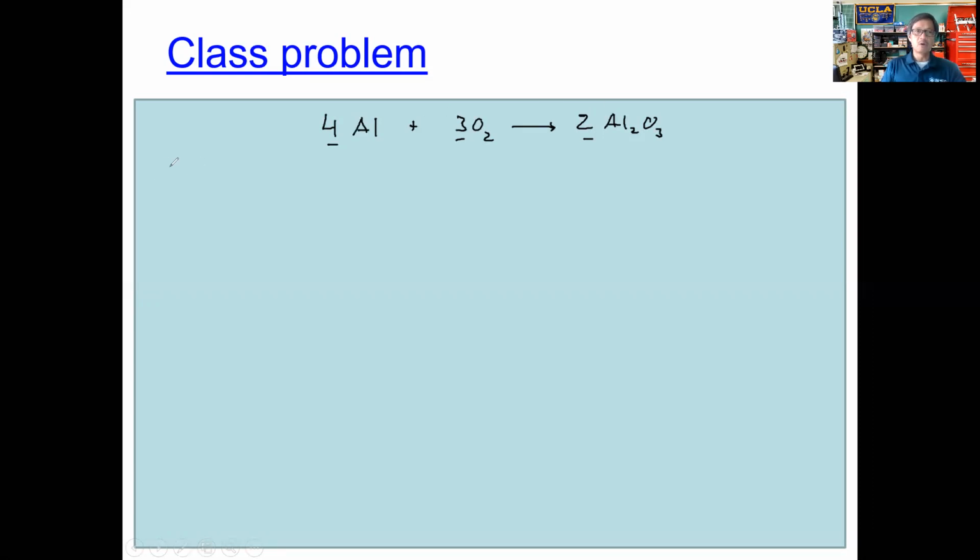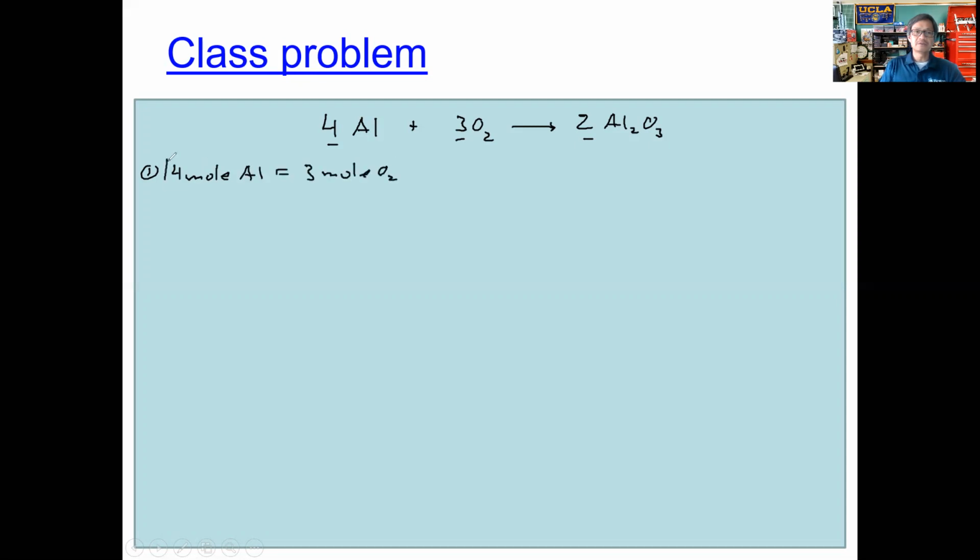Therefore, the first comparison we can do is to compare the moles of aluminum to the moles of oxygen.